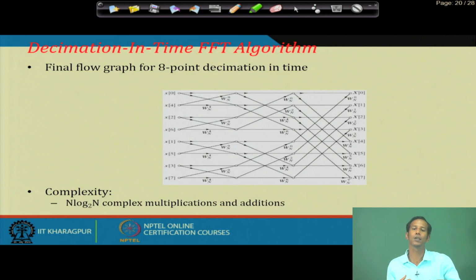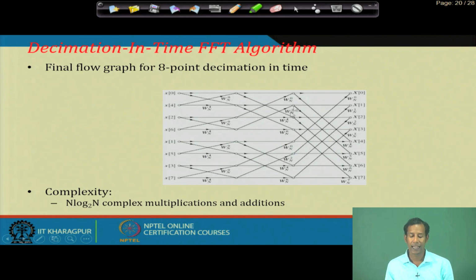By that technique we increase the throughput of the Fourier transform, which is nothing but the fast Fourier transform. And whenever we do like this, the complexity becomes n into log 2 base n number of complex multiplications and additions.